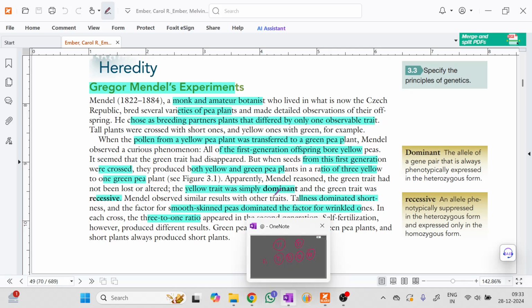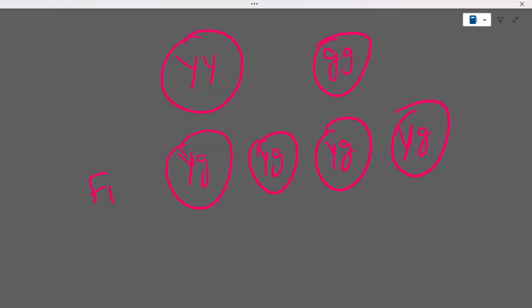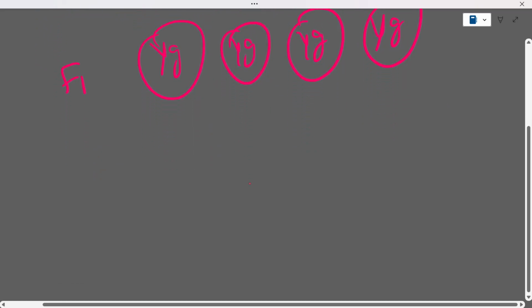Let's look at it here. This was dominant homozygous and this was recessive homozygous. Homozygous means they have both similar alleles. Homo and hetero.